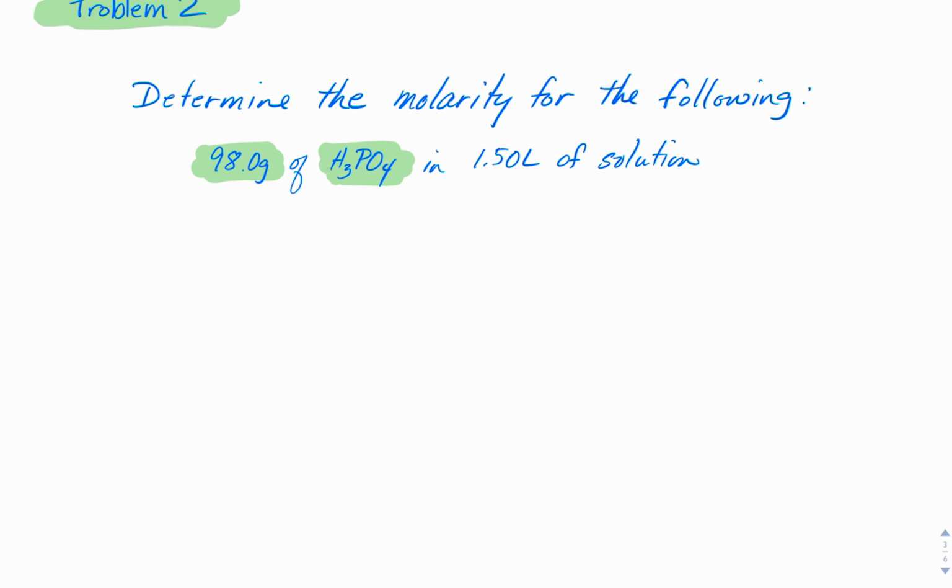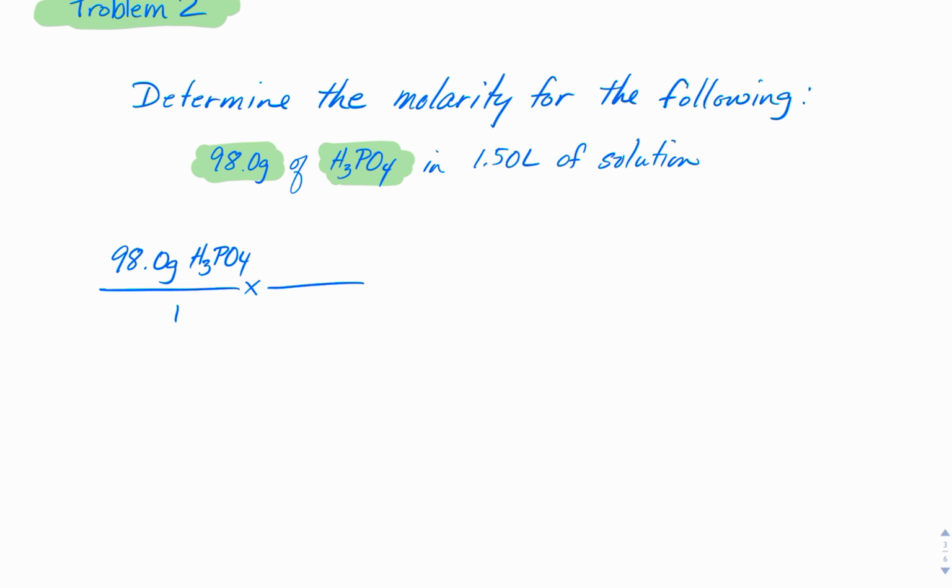So this is going to add in additional calculation processes that you have learned before, where we're going to have to figure out how many moles of that substance. We're going to take our 98.0 grams of H3PO4, and we're going to have to convert that to moles.